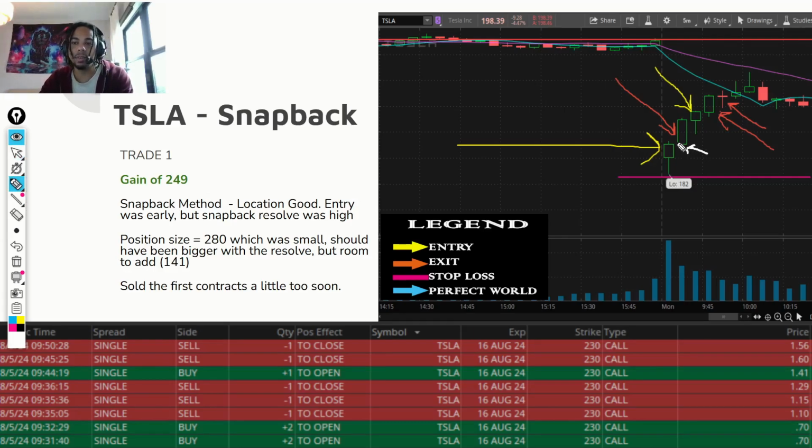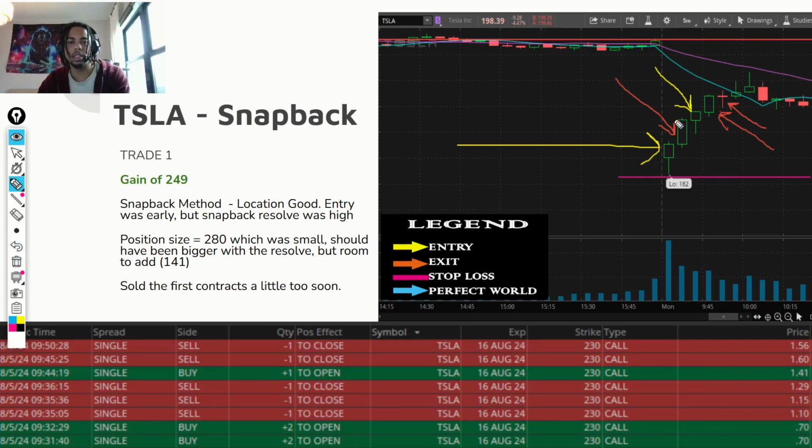If I had at least waited for this whole candle to finish, all these contracts would have been even higher, at like 140 or something like that. That would have been 30 bucks of extra difference, which added up would have been huge, right? So I didn't handle that too well.